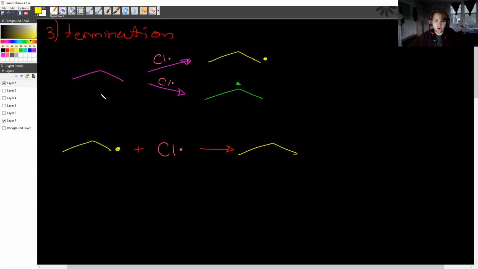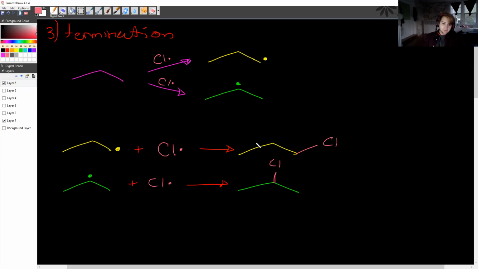So this is a totally valid reaction here. Primary chlorination. We could take our secondary radical that is favored to form, react it with the chlorine radical, and boom, we get the reaction that we're looking for.